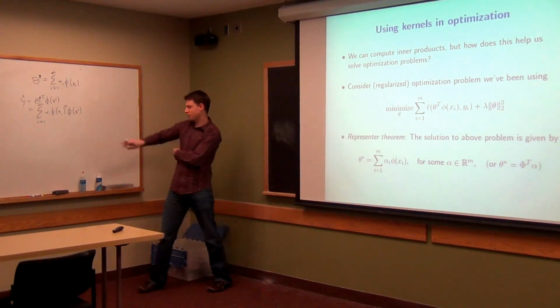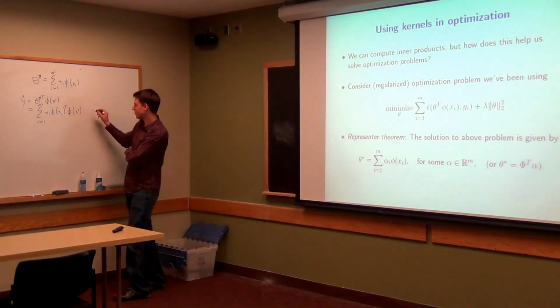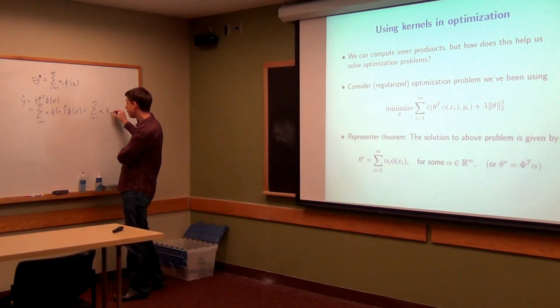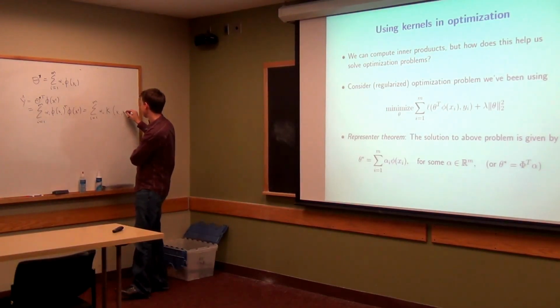Of course, you know what this is. This is an inner product. So this equals the sum from i equals 1 to m of alpha i times the kernel function between x i and x prime.